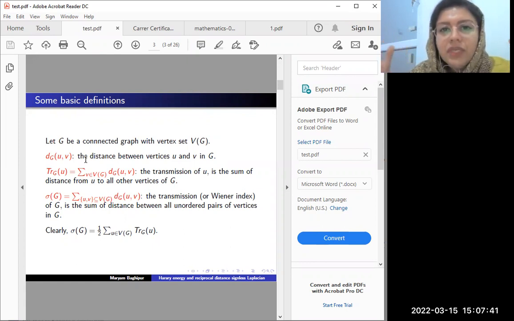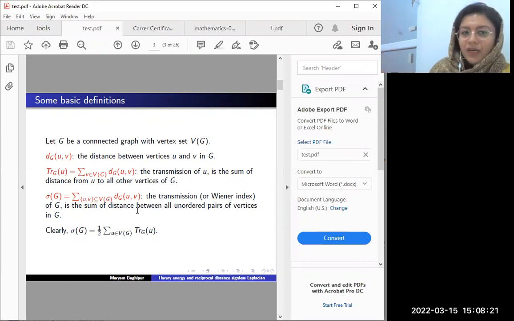If all of them are a constant number, we say the graph is transmission regular, similar to degree regular. Another important concept is sigma of G, the transmission of the graph. Here there is transmission for a vertex and transmission for a graph. The transmission of the graph is sometimes called the Wiener index. In fact, it is the sum of distances between all unordered pairs of vertices.